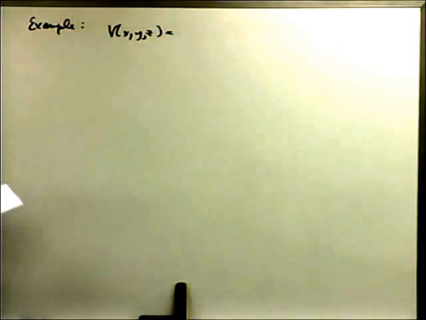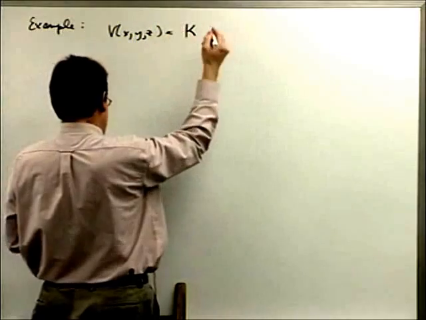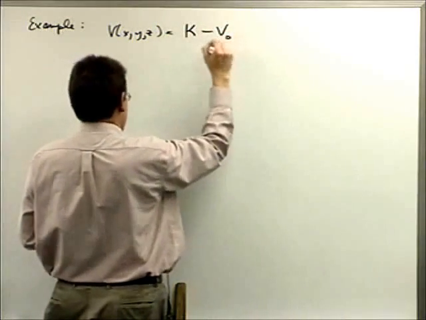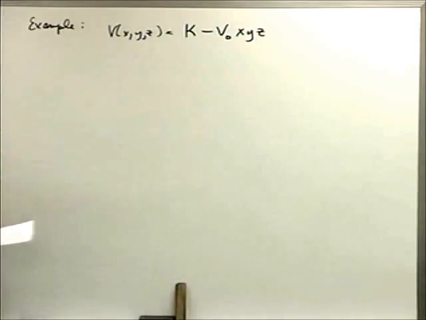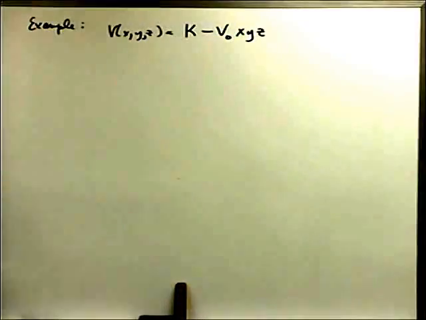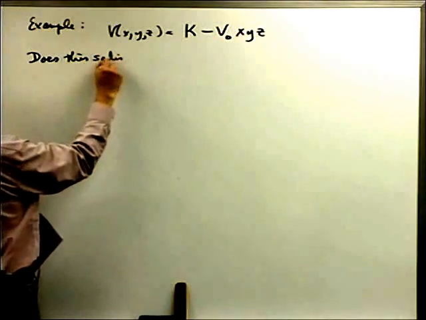So you can always add a constant everywhere, and that doesn't change anything since the field depends on the derivative of the voltage. So let's say we had some constant in here that I'm not even going to specify, minus, say, a voltage V0 xyz.